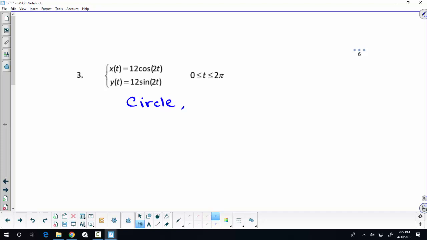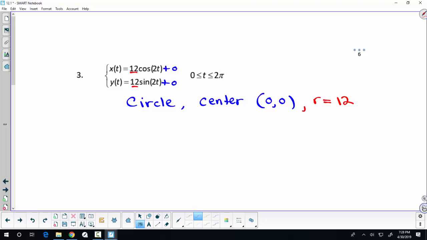It's not anything plus or minus out here. So the center is at 0, 0. What's the radius of the circle? 12, from this number here, that's our A.